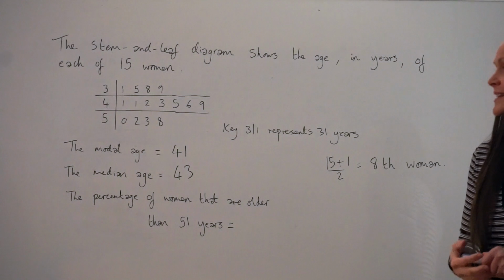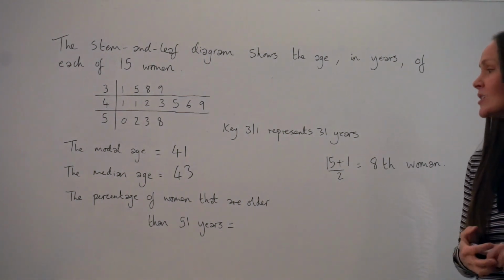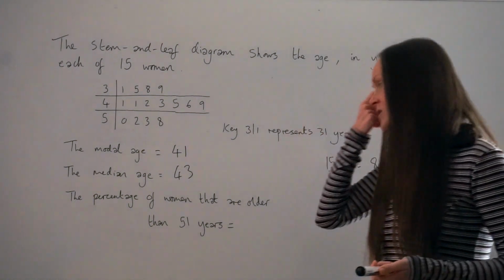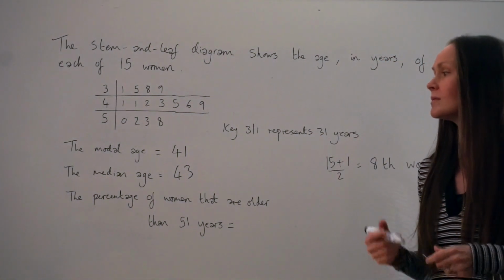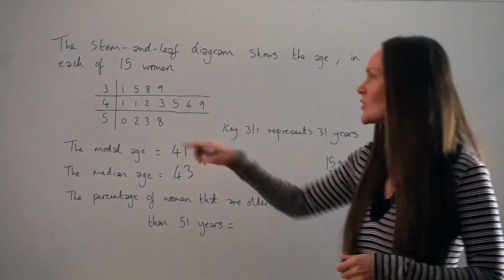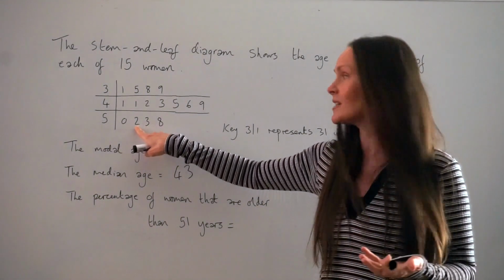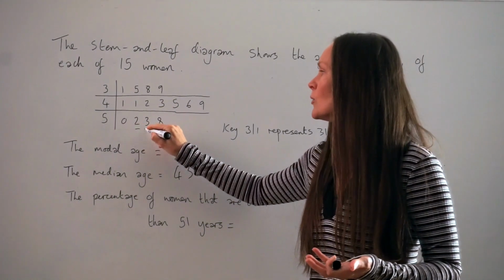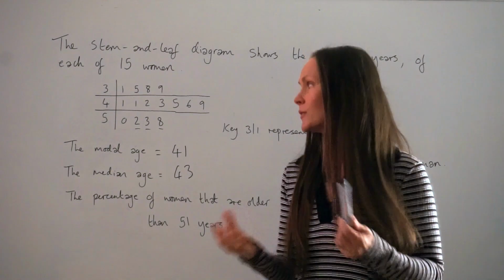For the next one, it says, work out the percentage of women that are older than 51 years. So first of all, I want to count how many values are over 51. So I can see here, this is the number 52, 53, and then 58. All of these numbers are over 51.